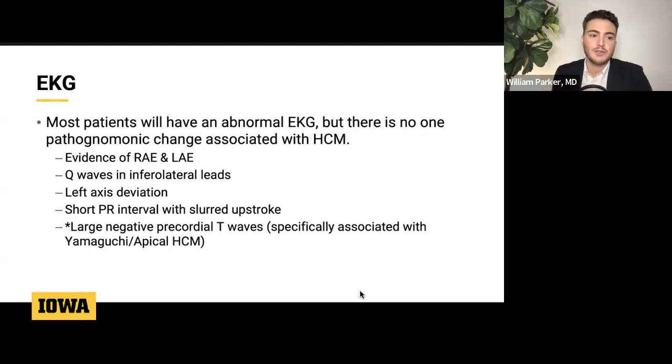Left axis deviation, a slurred shortened PR interval, and then more specifically, if you have Yamaguchi or apical hypertrophic cardiomyopathy, so hypertrophy isolated only to the apex of the LV, a somewhat pathognomonic finding are these really large negative precordial T waves. Yamaguchi hypertrophic cardiomyopathy is about 25% of the cases in Japan, but worldwide less than 1% of cases.